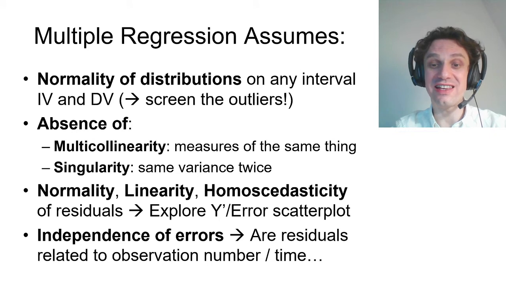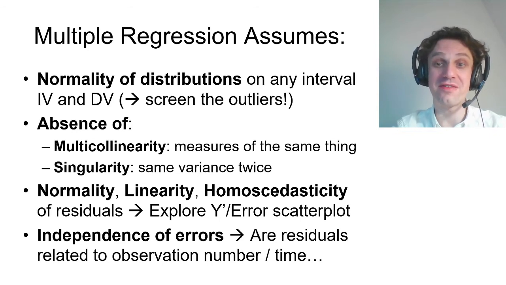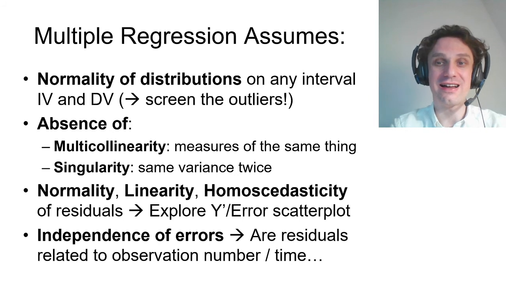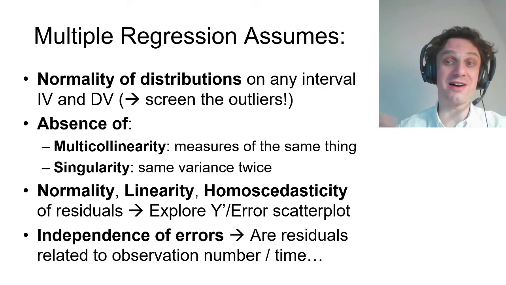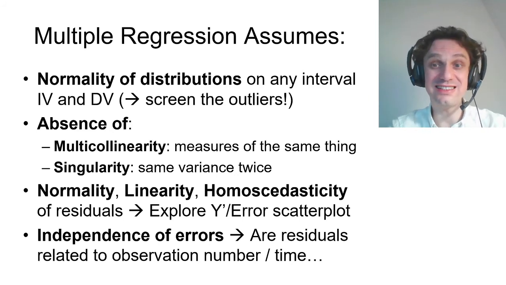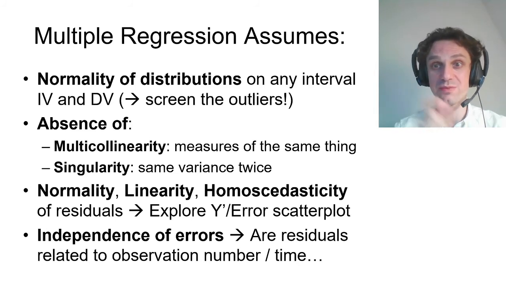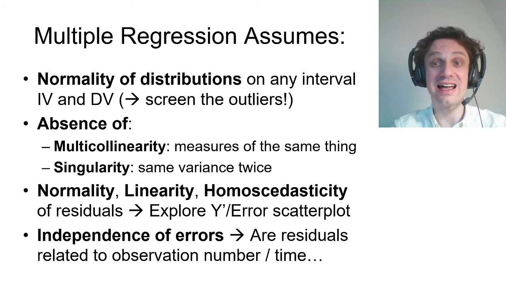So multicollinearity is a situation when you have a variable that is basically redundant given the other predictors, or it very strongly correlates with some other predictors. And this is a bad situation because this variable is not going to have a sufficiently large portion of unique variance, and this will make your regression model unstable. That's why it makes sense to exclude such variables.